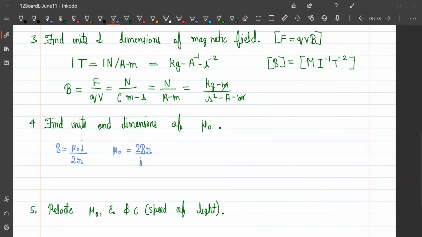Newton by Ampere square. Newton by Ampere square. So magnetic field के लिए हो जाएगा Newton per Ampere meter, and this is meter divided by Ampere. So Newton per Ampere square is correct.